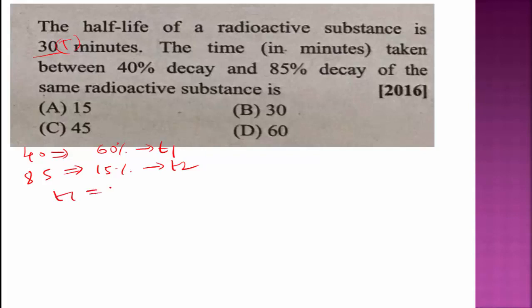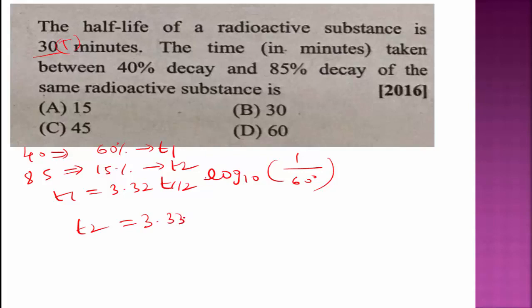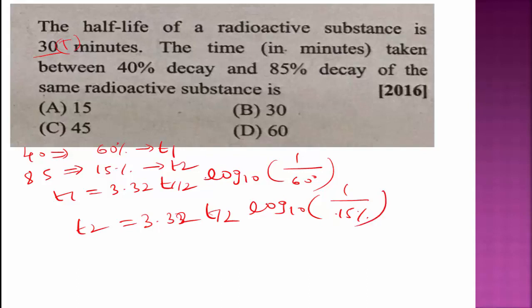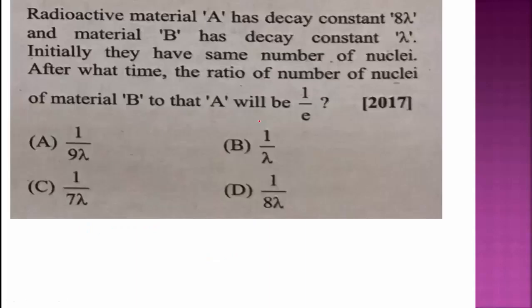We know the formula, T1 is equal to 3.32 T half log base 10 into 1 divided by 60%. T2 is equal to 3.32 T half into log base 10 of 1 divided by 15%. When you calculate using the log, finally you get the answer 60. Option D is the right answer.